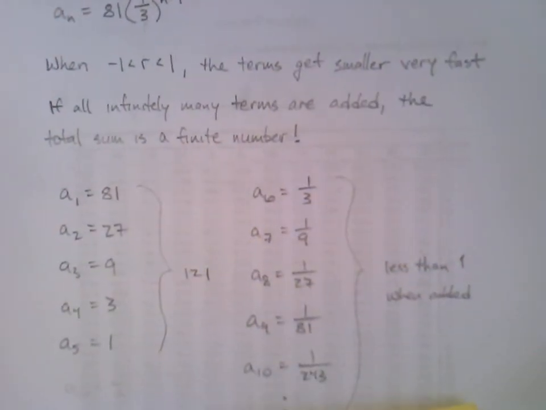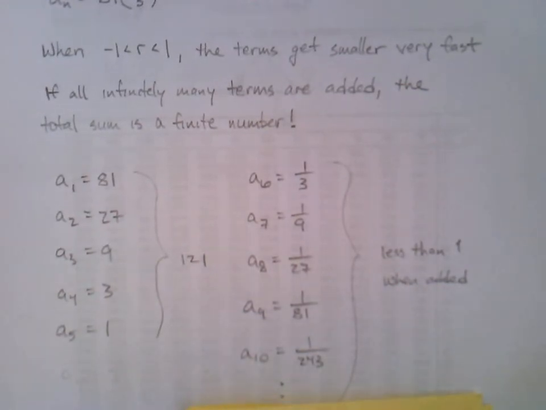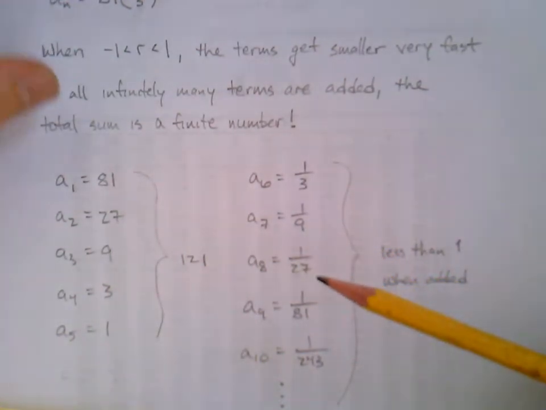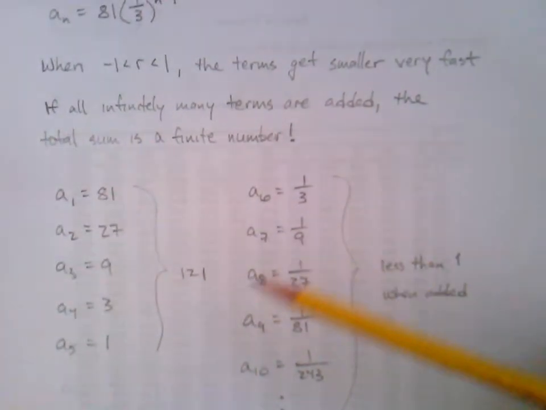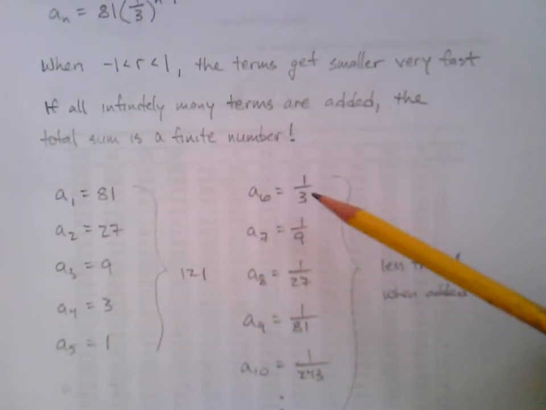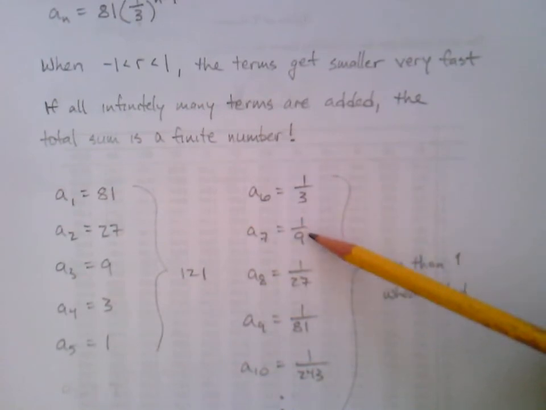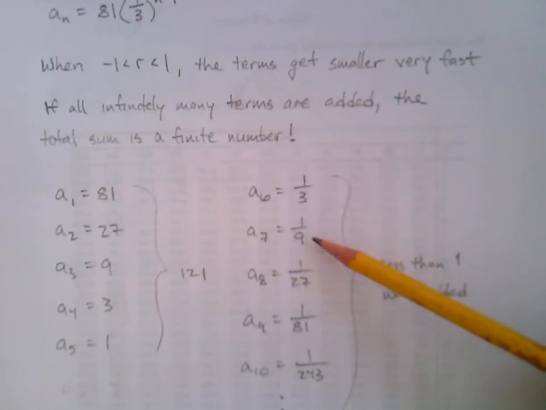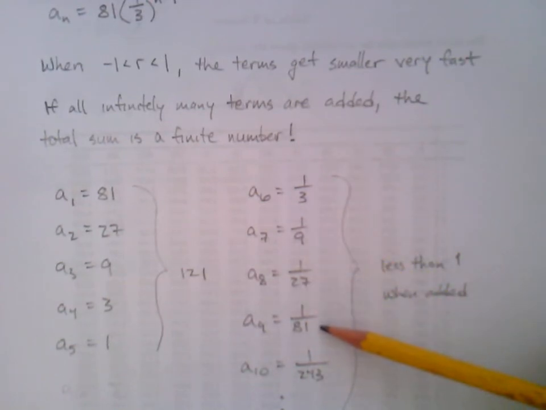So here's A6 through A10, just the next 5 terms. Well, we keep dividing by 3, multiplying by 1/3, right? Each time. So taking the next one, multiplying by 1/3, and so on. 1/3, 1/9, 1 over 27, 1 over 81, 1 over 243.